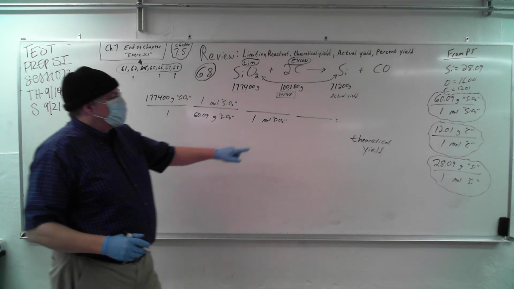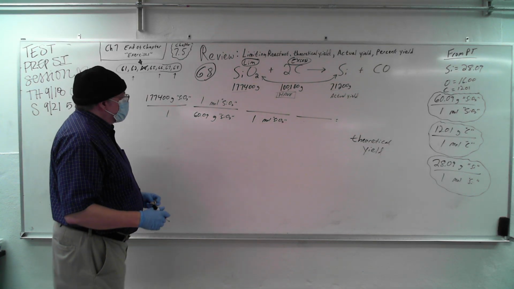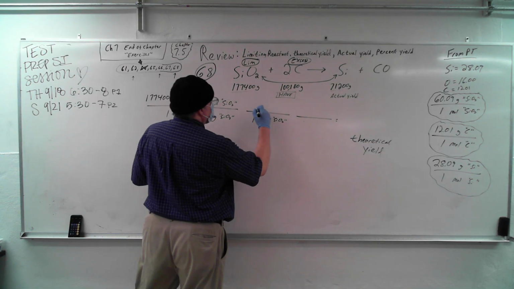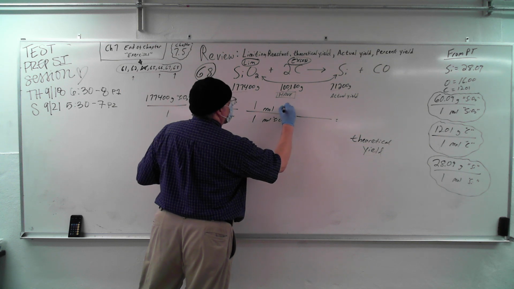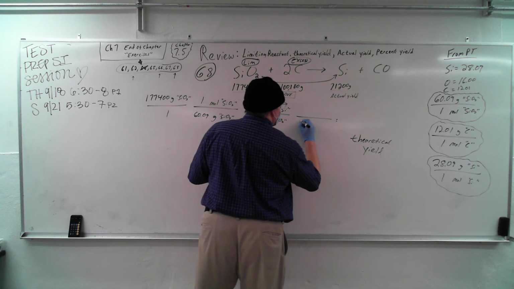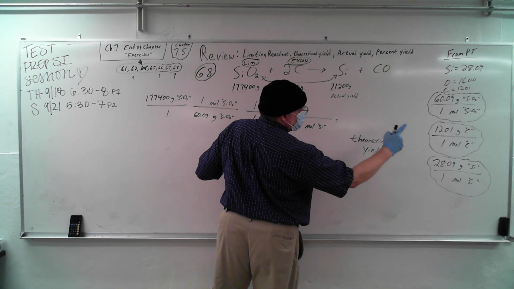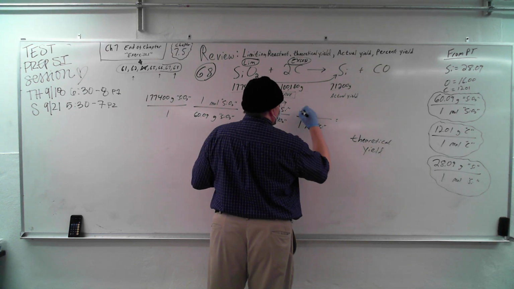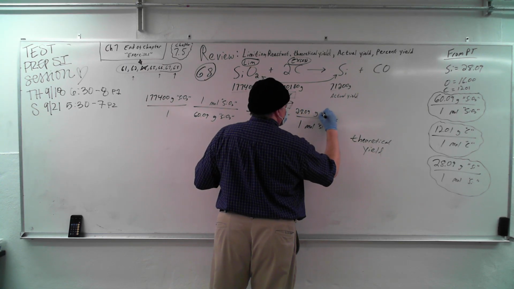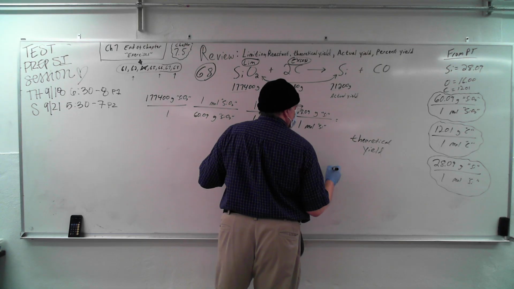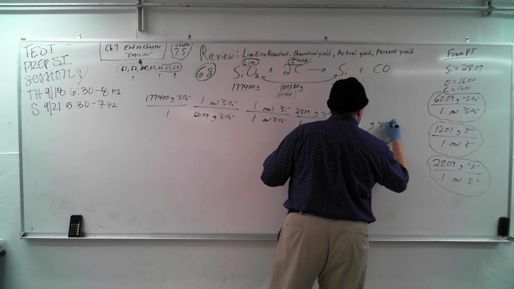That's how I knew that this is the product we're after, not this one. 1-to-1. One mole of silicon and 1 mole of silicon is down here, 28.09. And that'll give us our theoretical yield in grams of silicon.